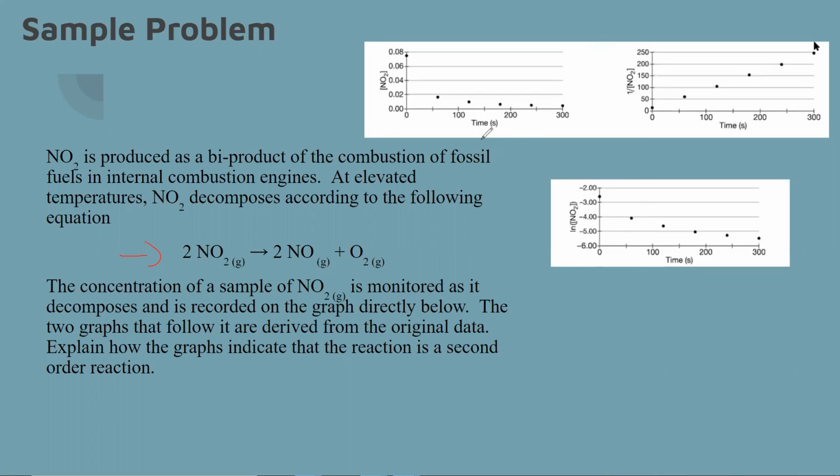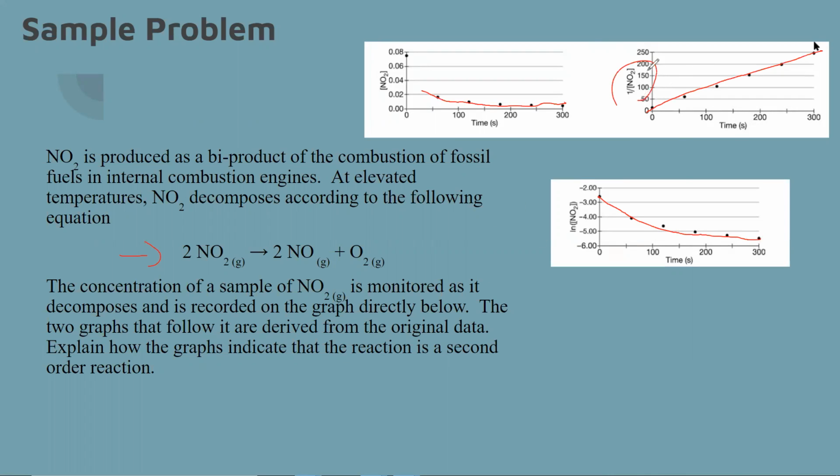Well, once again, I'm asking you to look at your data and look at what the data is telling you. This over here, if we were to draw a best fit line, looks like a curving line. This graph down here definitely looks like a curving line, but this one is a straight line. Relatively.